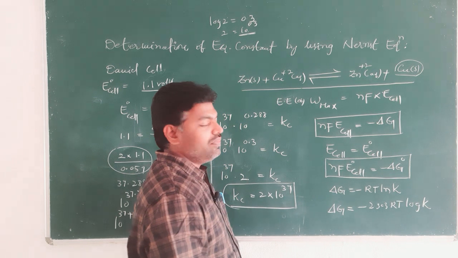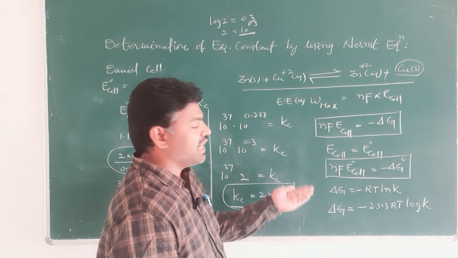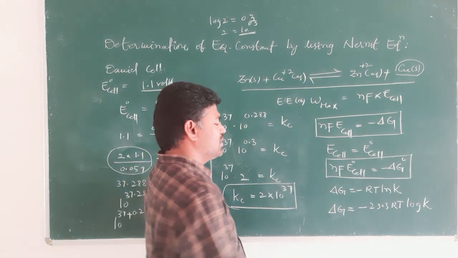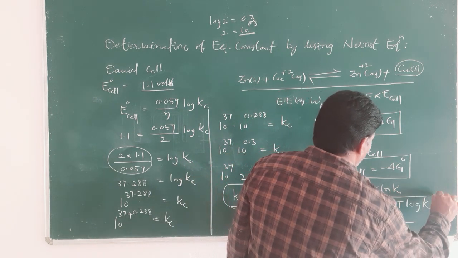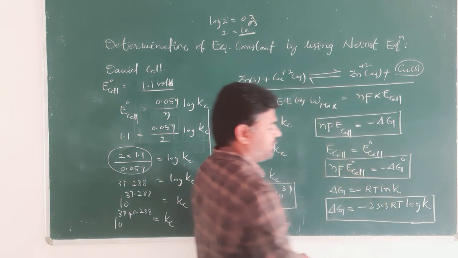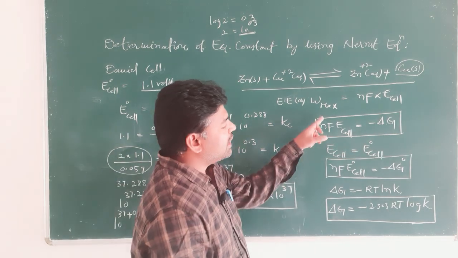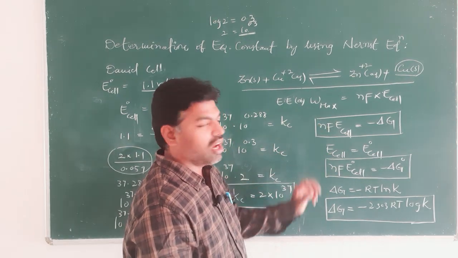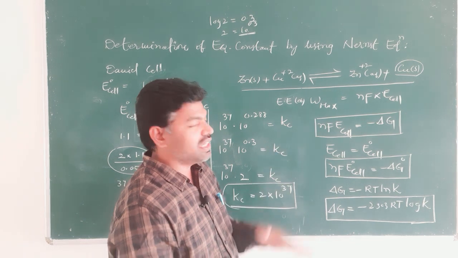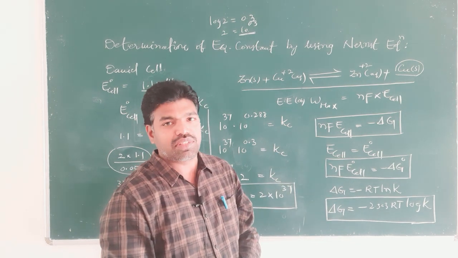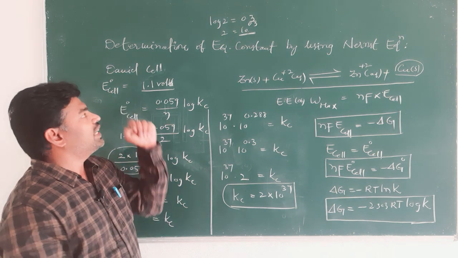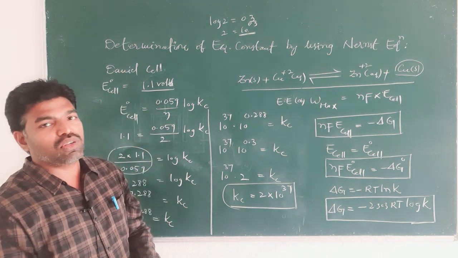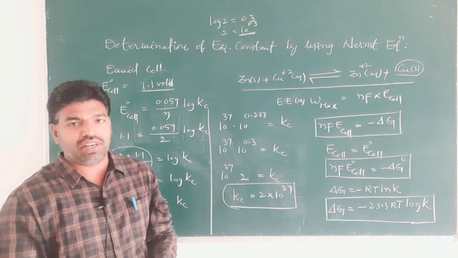From this we can also write delta G naught. These are the three most important formulas by which we can solve a number of problems, right. So, this is about determination of equilibrium constant by using the Nernst equation.